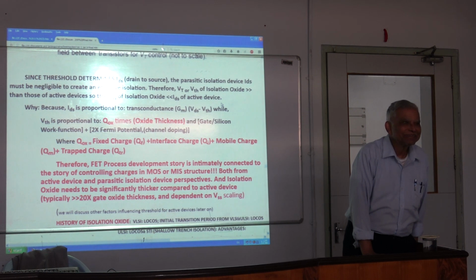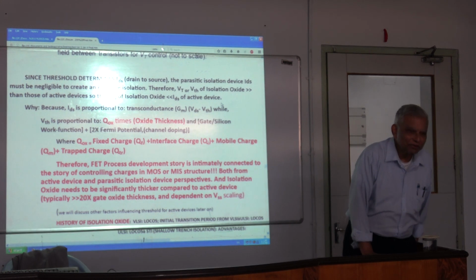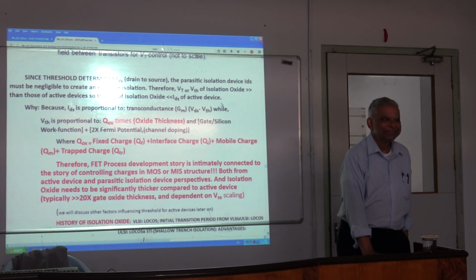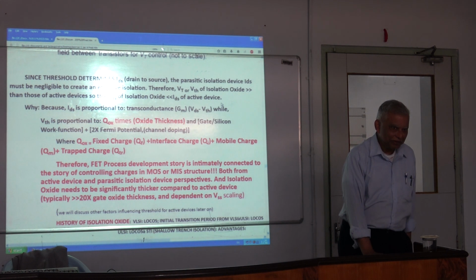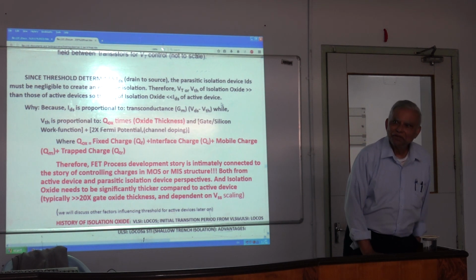Can anybody answer that? What does doping level do? That's directly tied to threshold, right? Go to the basic current equation.